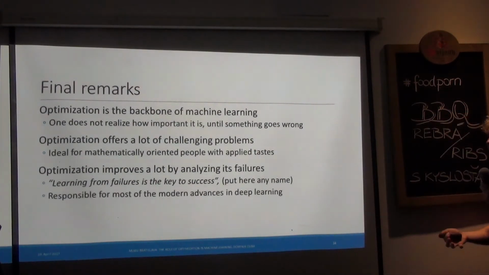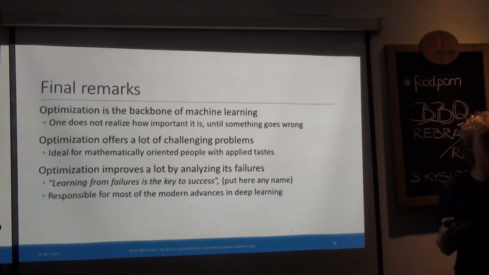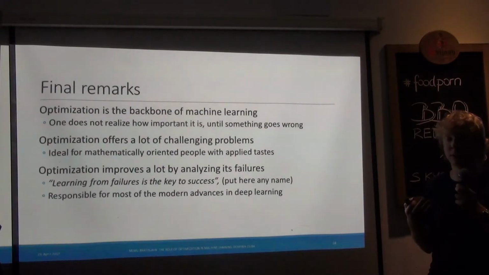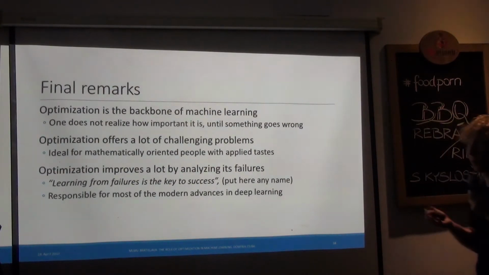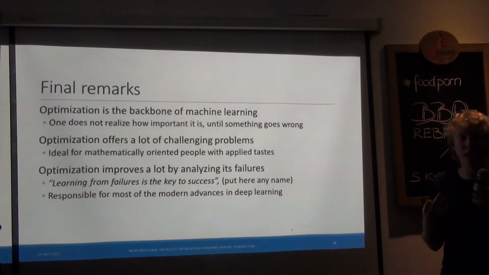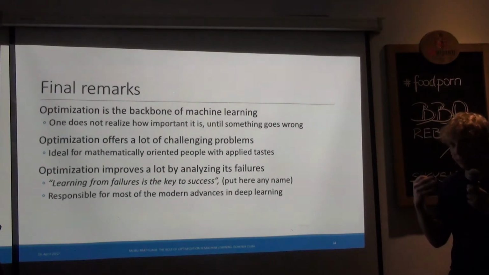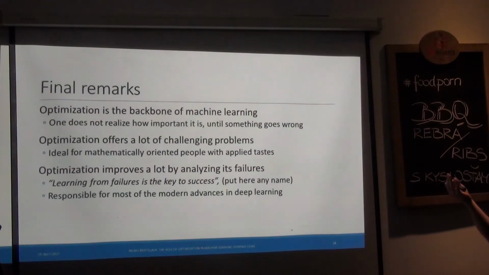Sure. But actually, many of the things which are now considered state-of-the-art for optimization for deep learning or for machine learning were actually figured out by analyzing the failures of these approaches. So I suppose that with the problem of parities, somebody is going to come up with a fix very soon.